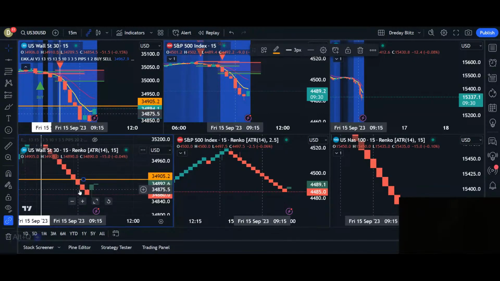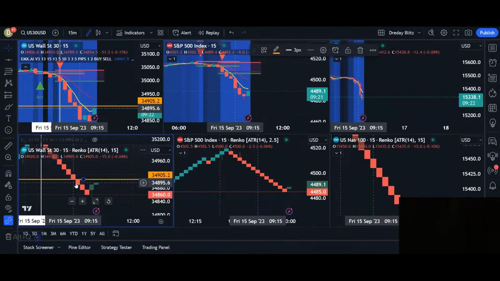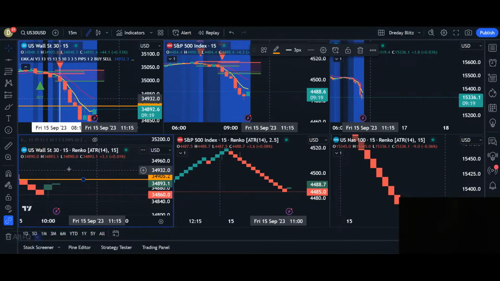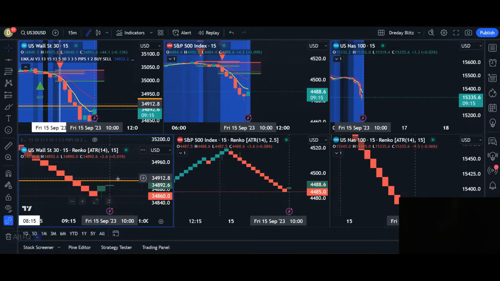Okay, so the last candle that was created was this one, and you count two Renko bars before. Okay, and you put your trailing stop there.